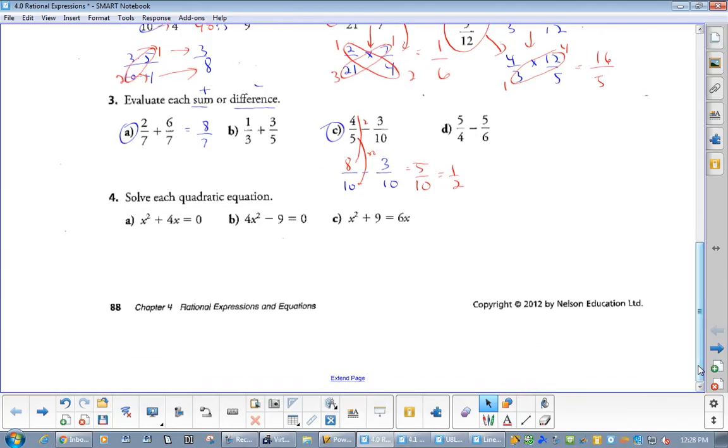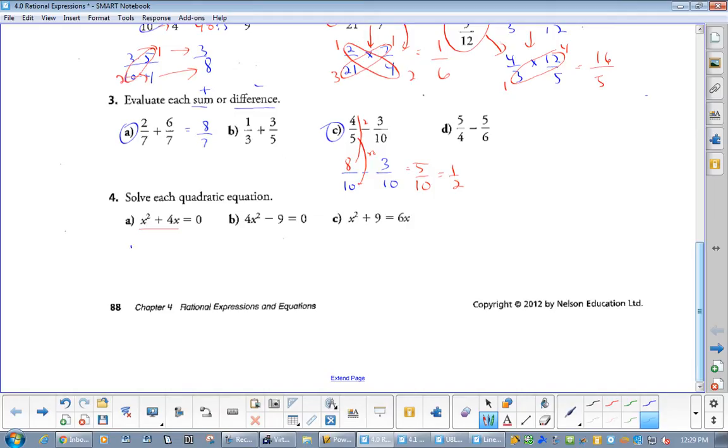Okay, solve each quadratic equation. Okay, well, solving is trying to figure out what would make this equal 0. Well, the nicest thing to do is try and factor it. Now, we've got x squared plus 4x. What do both of them have in common?